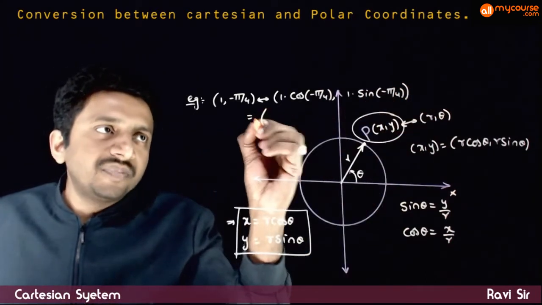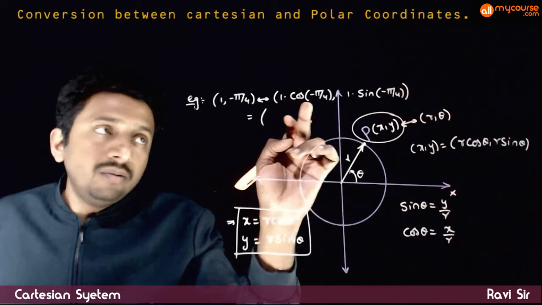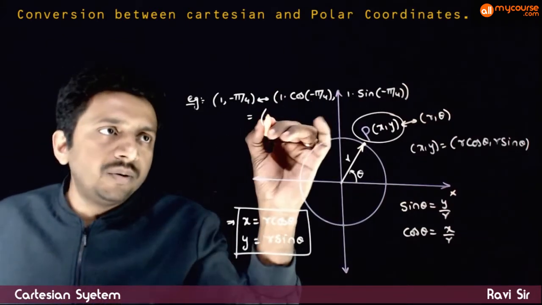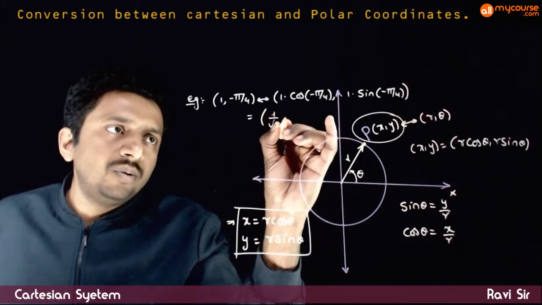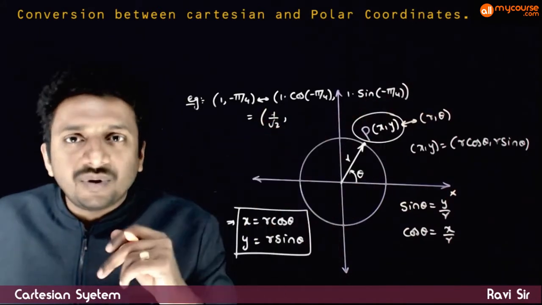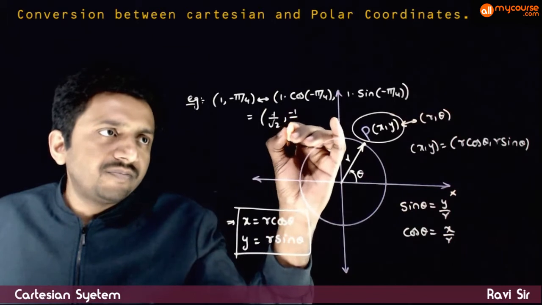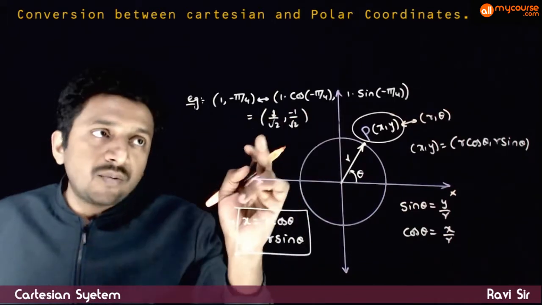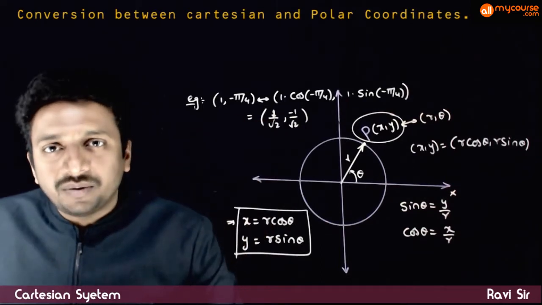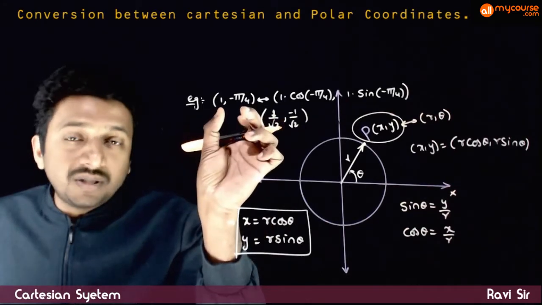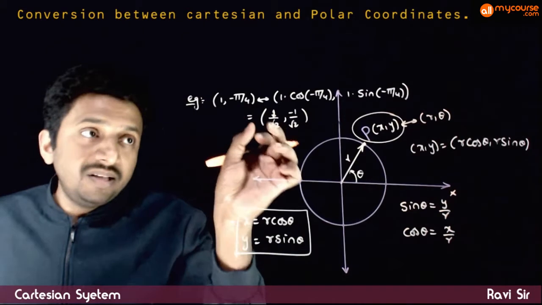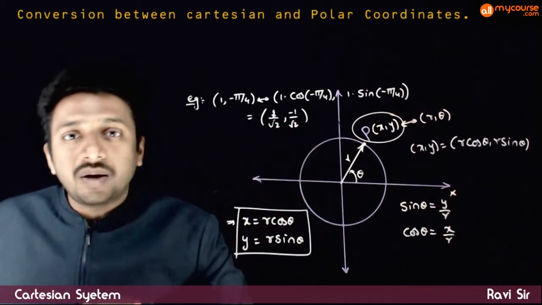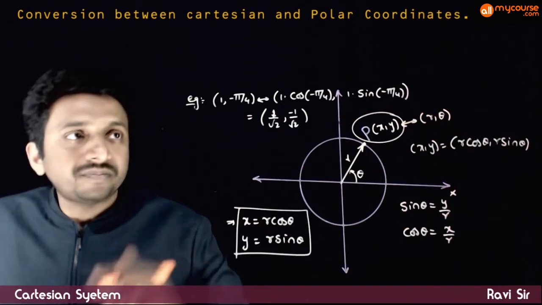That is equal to 1 into cos minus pi by 4, which is cos pi by 4, 1 by root 2, comma sine minus pi by 4, which is minus 1 by root 2. So the coordinates are 1 by root 2 comma minus 1 by root 2. So 1 comma minus pi by 4 is the polar coordinate, and the Cartesian coordinates corresponding to the same point are 1 by root 2 comma minus 1 by root 2.